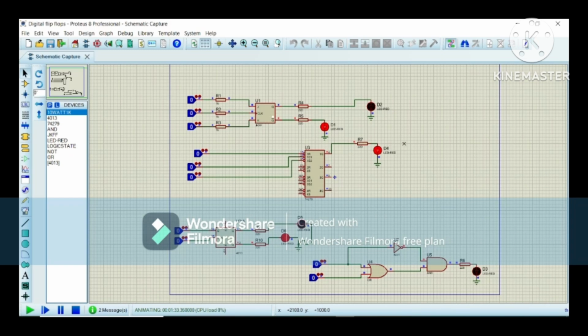We have the JK, that is this. The D, that is this. And the toggle, that is this. And well, we also reviewed the applications. We can use them in memory, and also in counters, in machines, or any system that has data synchronization.